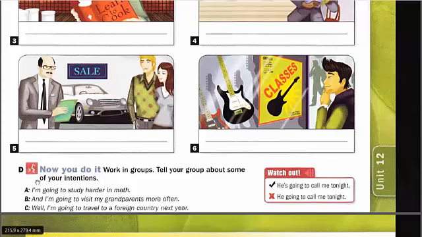In exercise letter B, what you have to do is work in groups. You have to tell your group about some of your intentions, okay? Let's talk about intentions. I'm going to study harder in math, okay? And I'm going to visit my grandparents more often, okay? More often.